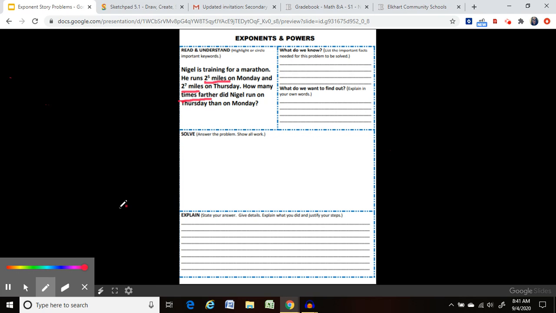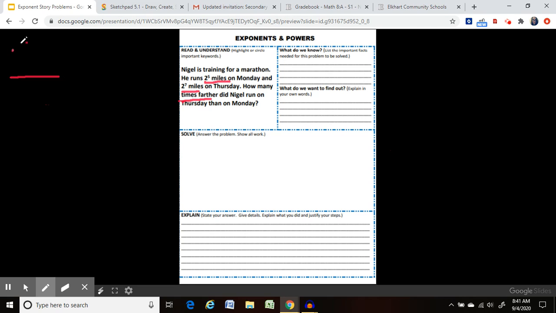So I highlighted an important piece right here. It says how many times farther did Nigel run? Not how much farther, how many times farther, because he runs way further. So it's asking how many times further. So we are going to do division because it's asking how many times further.